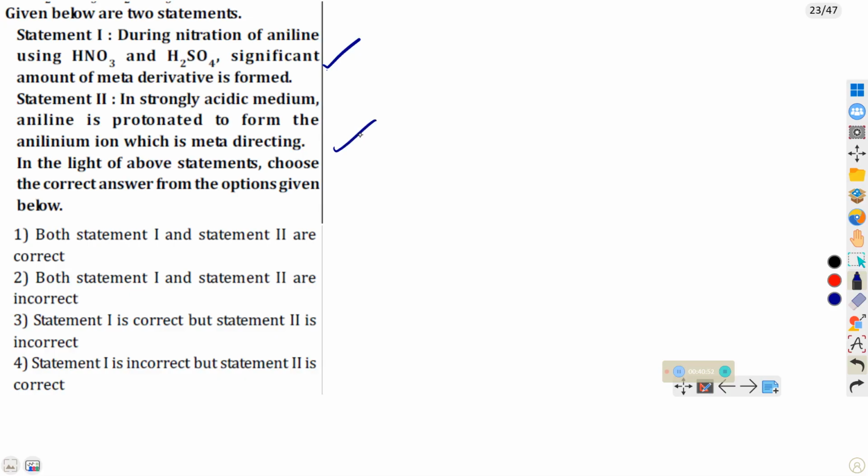This is also correct. Both statements are correct. Here, the ortho product percentage is 51%, the para product percentage is 47%, and the meta product percentage is 2%.